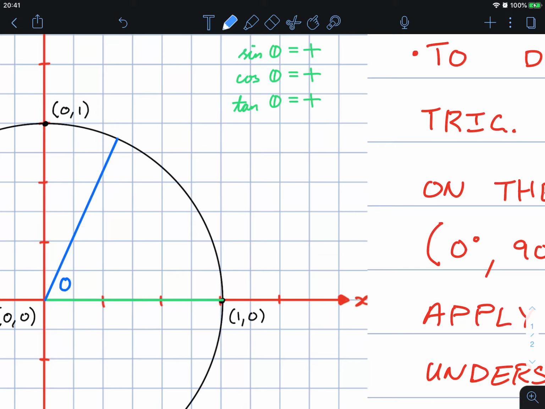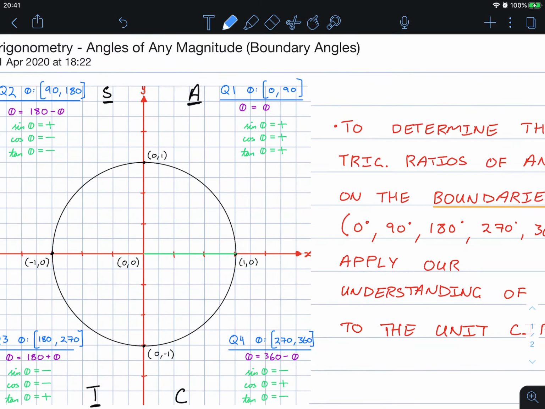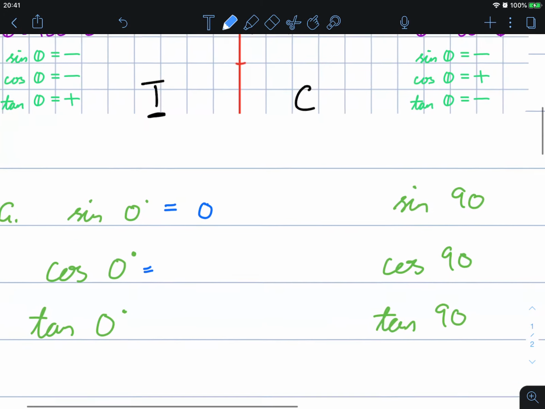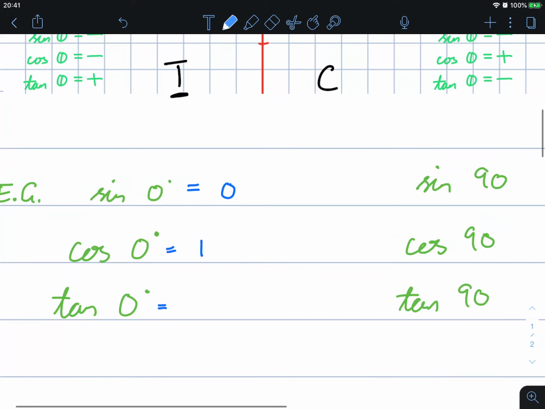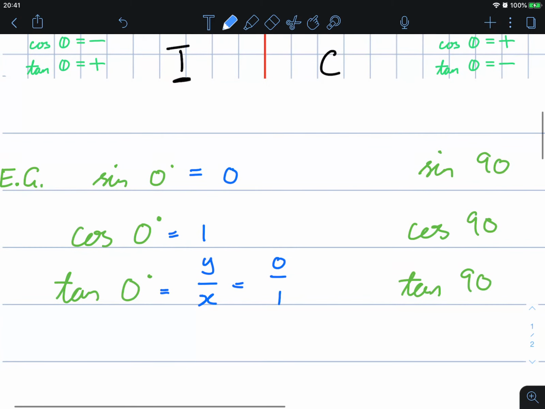If we apply it to this angle, the x value is, well, 1. So cosine of 0 is 1. Tan of 0, well, that's going to be y over x, in which case it will be 0 over 1, which is just 0. So this is equal to 0.